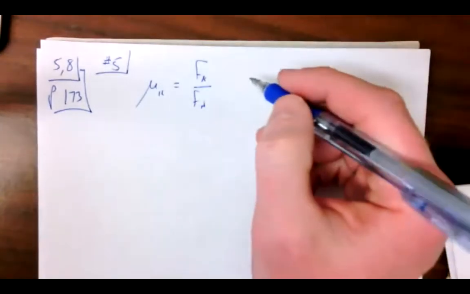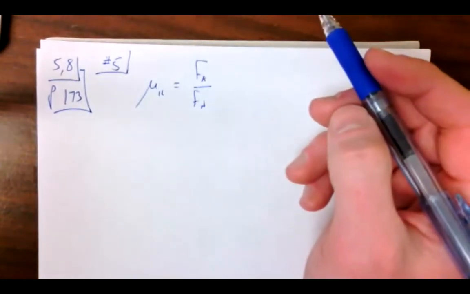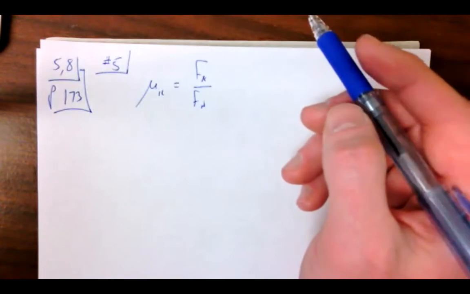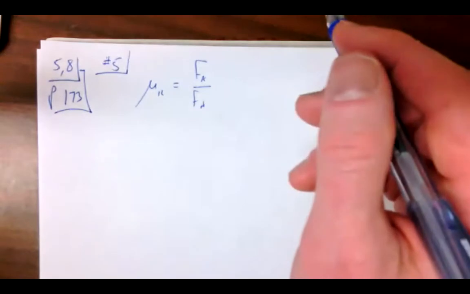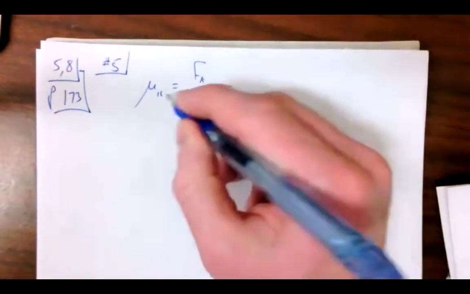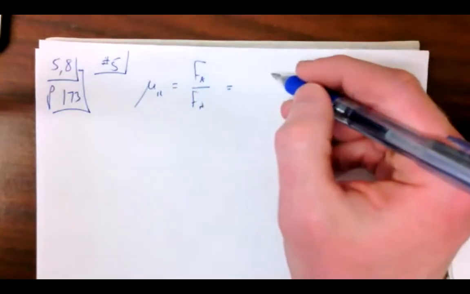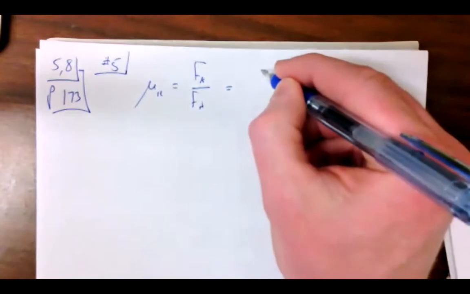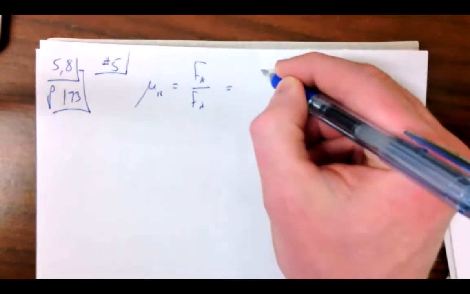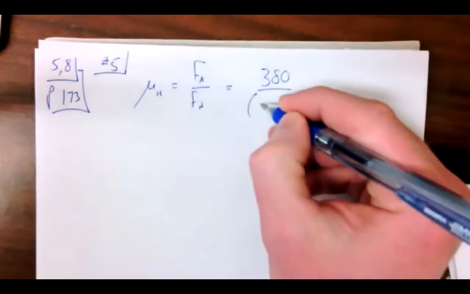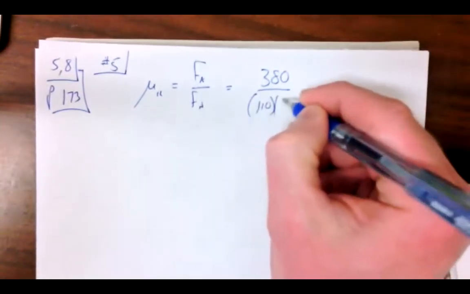All right, so your applied force, constant velocity, so acceleration is 0. So calculate the coefficient of friction. So I think it'll just be 380 over 110 times 9.8.